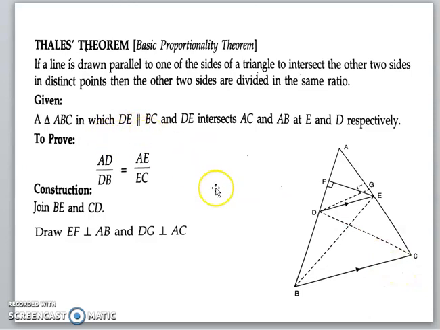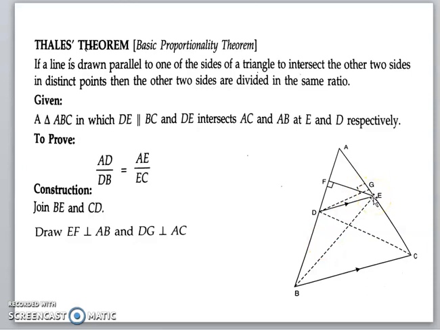So given is DE is parallel to BC, DE intersects AC and AB at E and D respectively. To prove is AD by DB is equal to AE by EC. So for that we will be doing a construction. First construction will be to join the points DC and BE, and second construction will be to draw two perpendiculars.